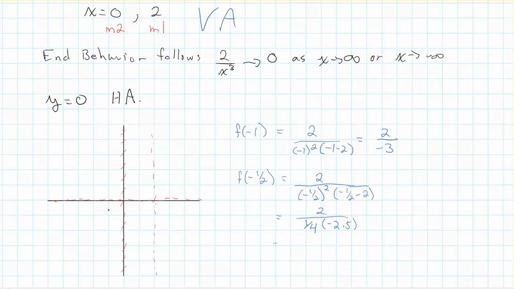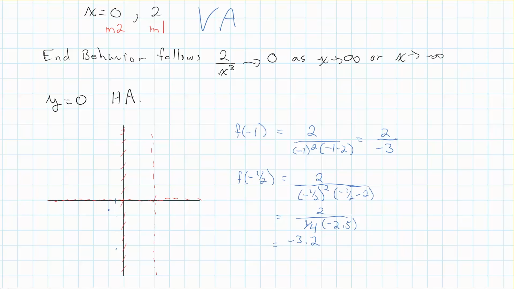Now I'll go ahead and use a calculator to evaluate this because I'm going to want to plot this. So 2 divided by 1/4 and then -2.5, and you get that this is -3.2. Alright, so -1/2 is roughly right here. So then 1, 2, 3, and it's going to be a little bit over, so maybe like right there. And again, that's enough to get us started here.